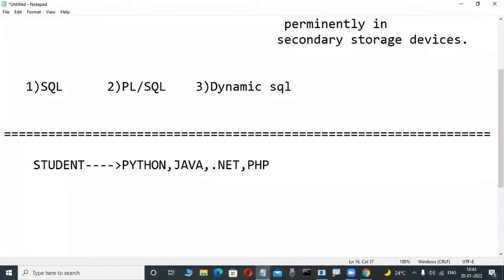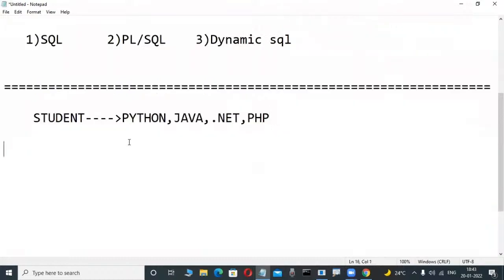These persons are web-based application programmers. Web-based is also possible in Java or Python. For these web-based application programmers, on the project side, minimum knowledge of databases is compulsory. Why?